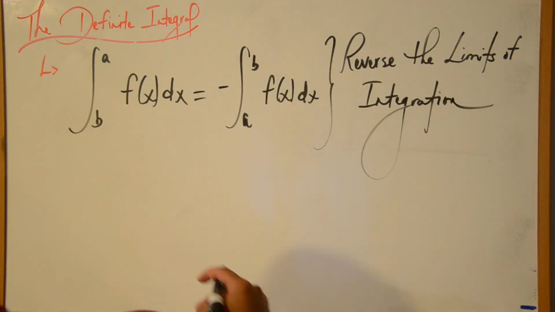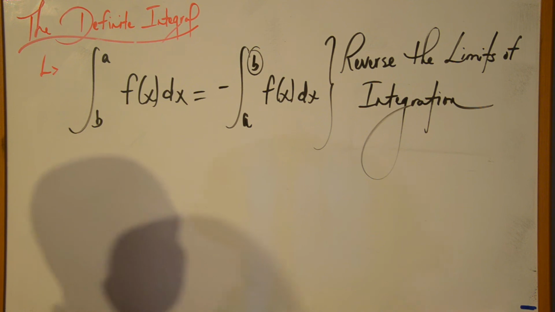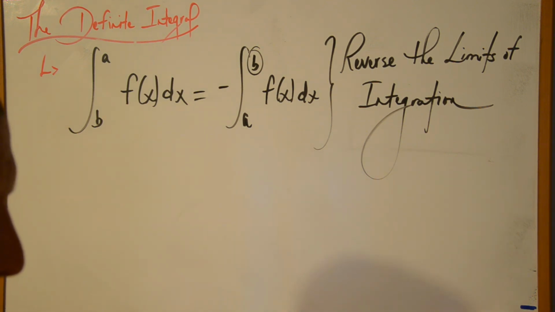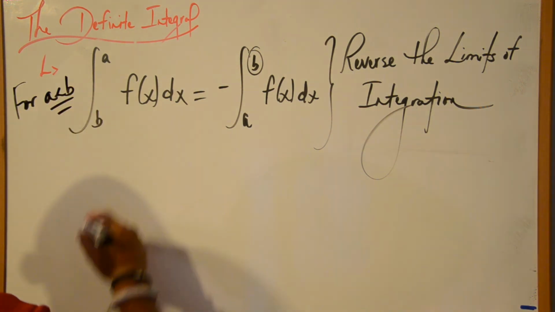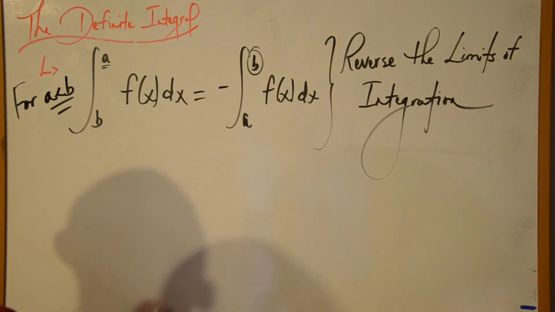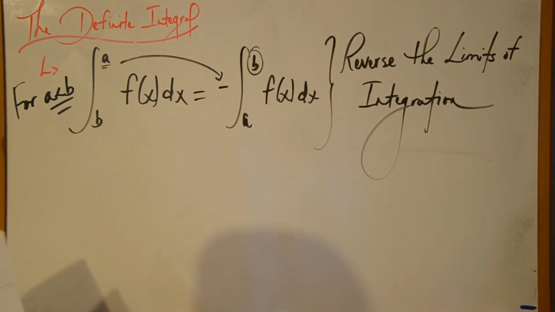So your larger bound must always be the top value of the integral, never the bottom value. Right, and this is for when a is less than b. So if your smaller bound is located at the top, you must rewrite or reverse the limits of integration and rewrite that lower bound from the topmost position to the bottommost position.